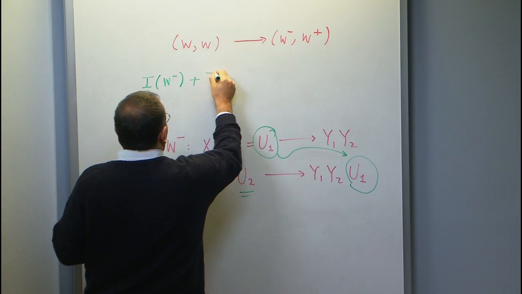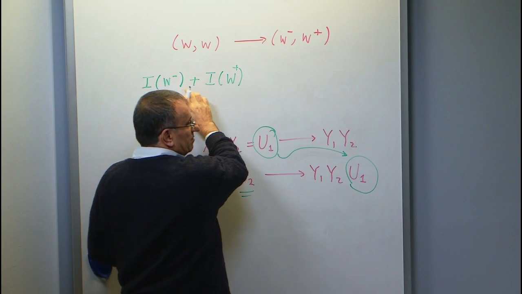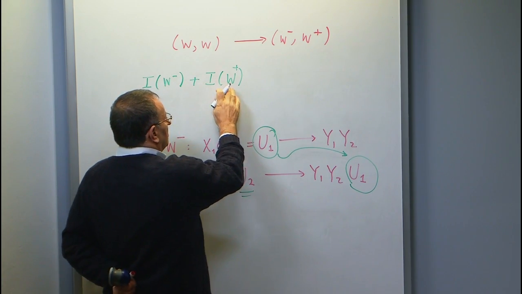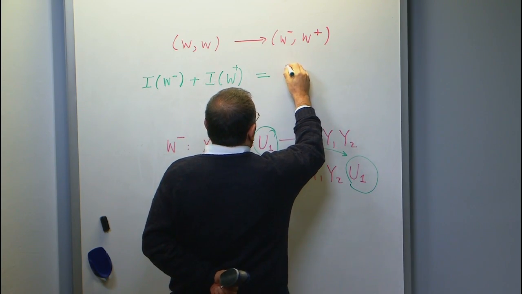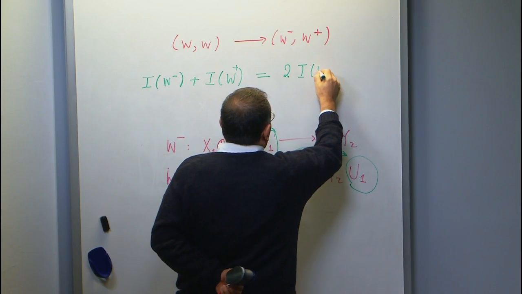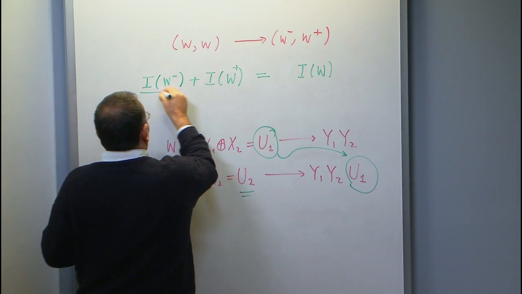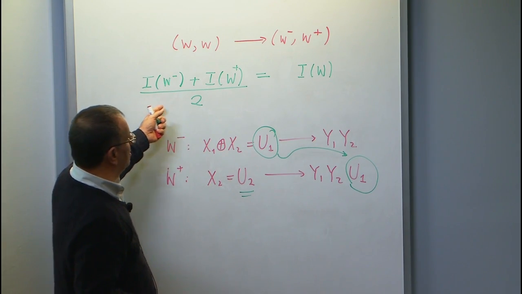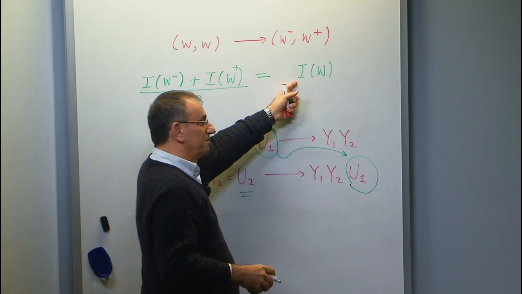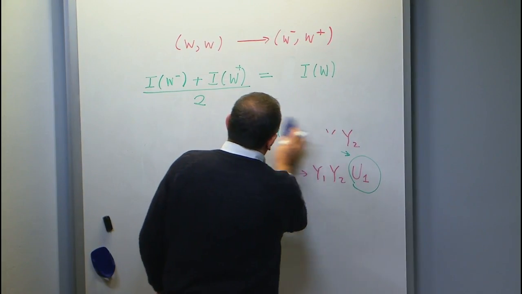So I have the capacity of W minus plus the capacity of W plus. This is equal to 2 times I(W), or if you will, the average capacity here is equal to the original capacity. Is it C? I'm confused between C and I.